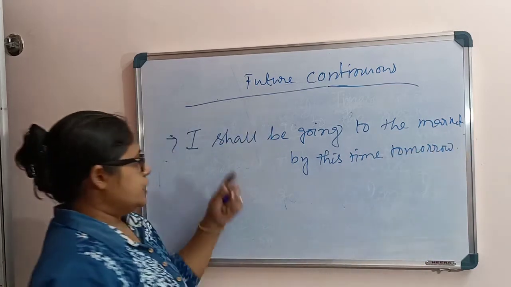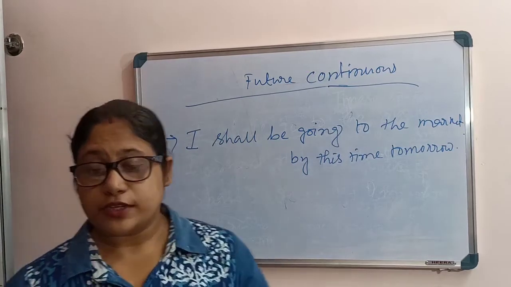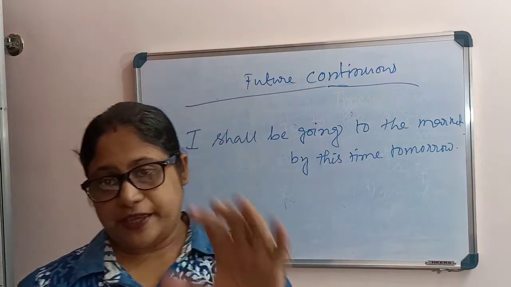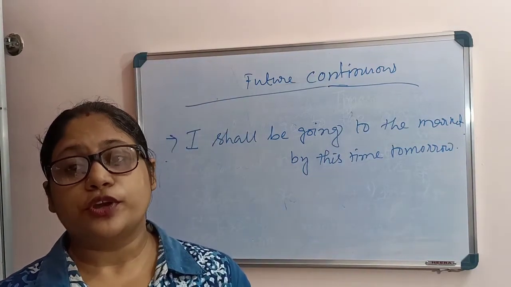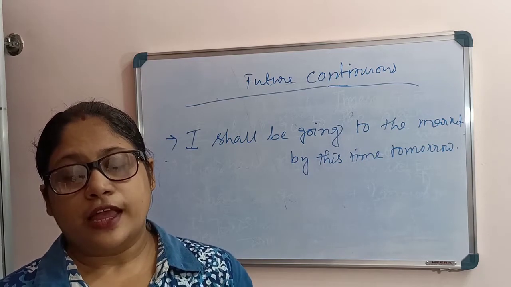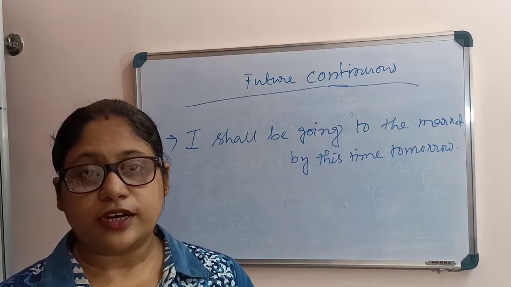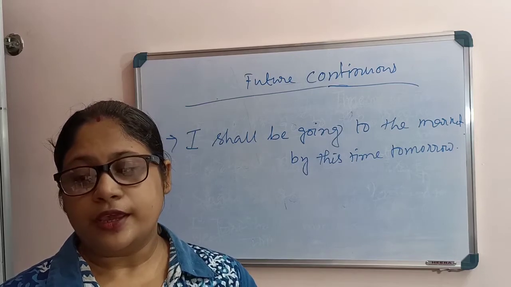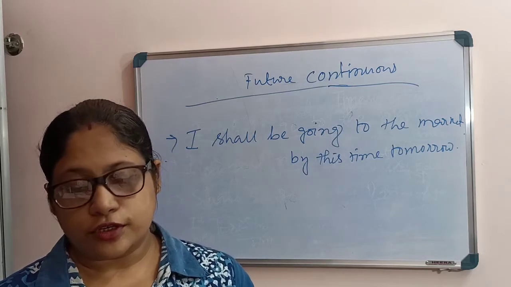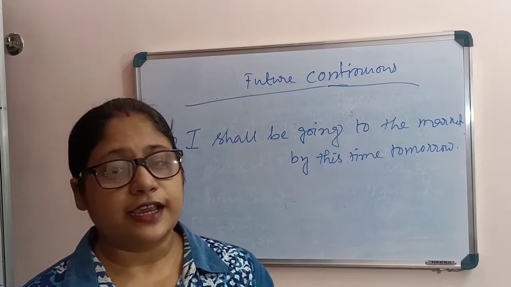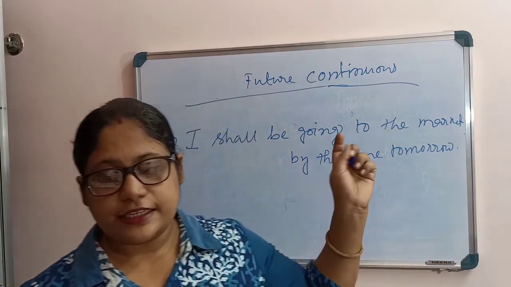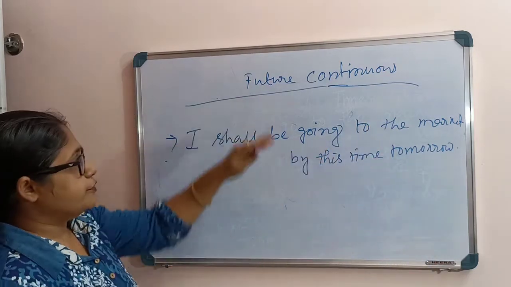Here we generally use future continuous tense in order to specify a certain action which is going to take place in future. It means by this particular time, I will be going on, or I will be doing a certain kind of work. In such cases we generally use future continuous.